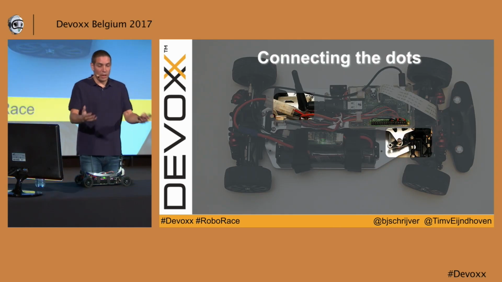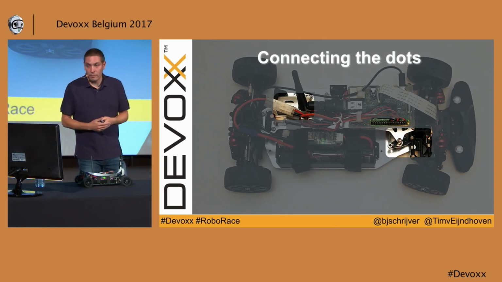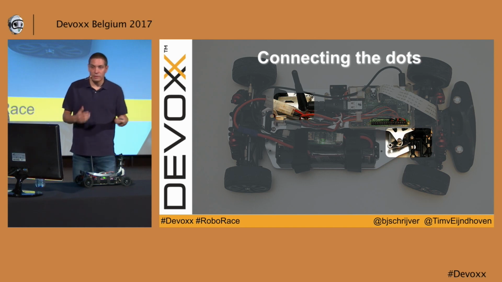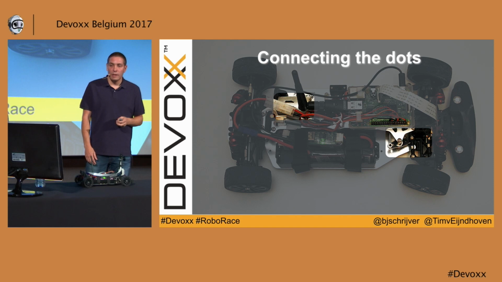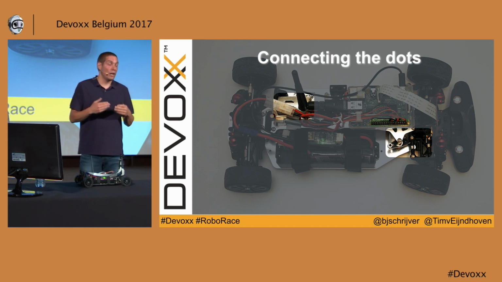So then we have the Pi running there, and we need to connect it to the car. There are two things that a car needs to do. It needs to drive, so there's an engine, and it needs to steer, so there's a steering servo. These are typically controlled by a wireless receiver.